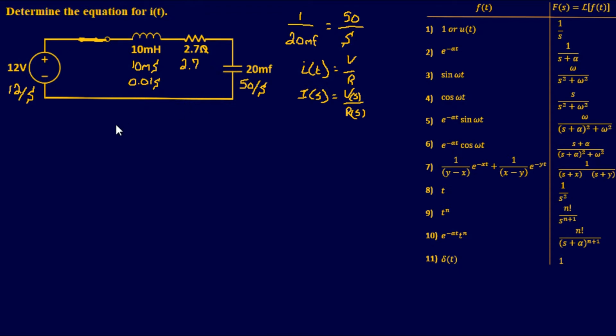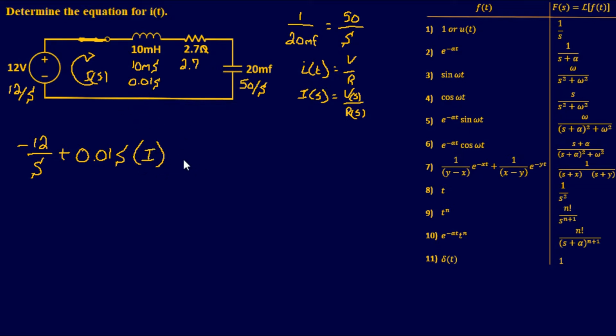So here's what we're going to do. Let's go ahead and make our equation. We're going to say current is flowing in this direction right here. So I'm going to say it's I of S. Negative 12 over S, because that's your voltage source. I'm going to start with here, and I'm going to go up to my inductor, plus. My inductor is 0.01 S, and that's going to be times I of S. I'm just going to put I, just keep it easy on me.